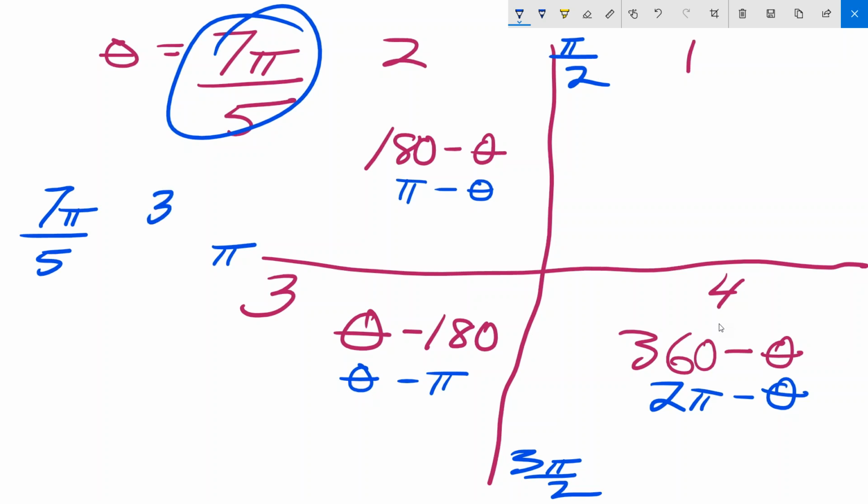In other words, if it's less than 3 pi over 2, it's in the third quadrant. If it's greater than, it's in the fourth quadrant, correct? So let's compare these. What's a common denominator that we can do? In order to truly compare them, we want the same common denominator. What common denominator are we going to use?